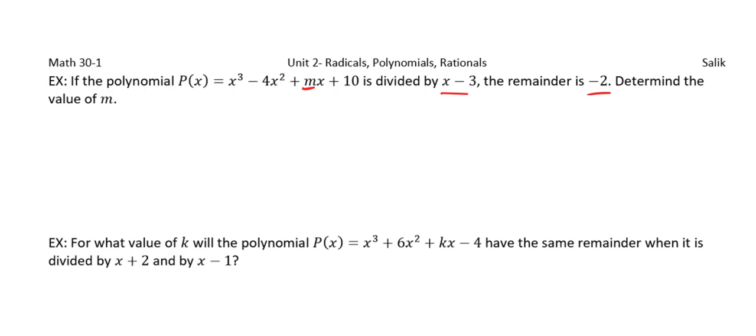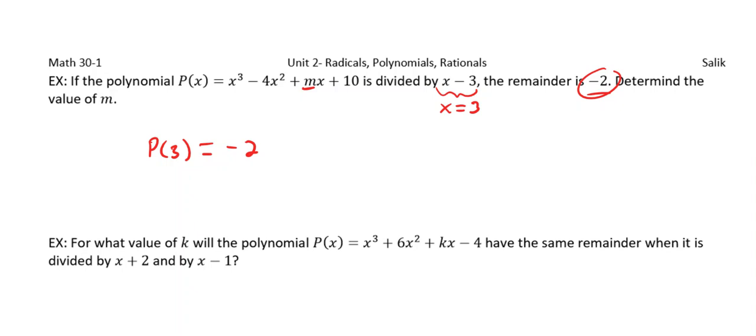Okay, so what we can do here, we know some things, right? We know that if we try out the potential zero of x is equal to 3, if we put in p of 3, then that's going to be equal to the remainder. That's going to be equal to negative 2.